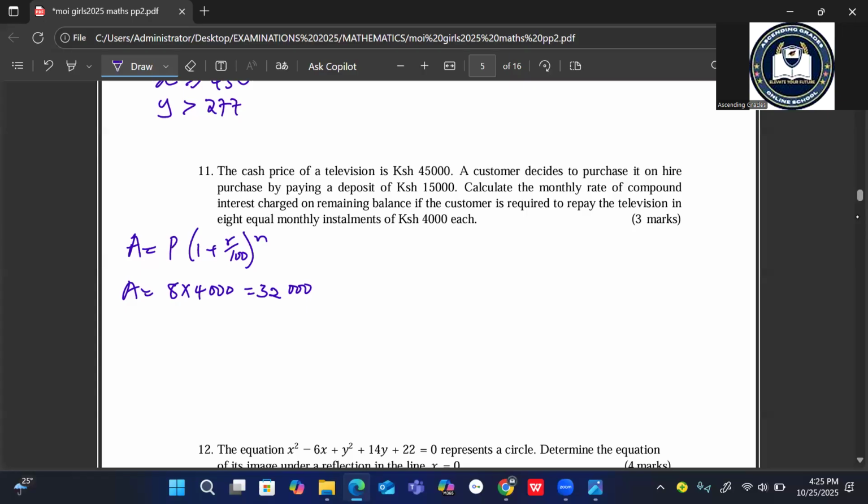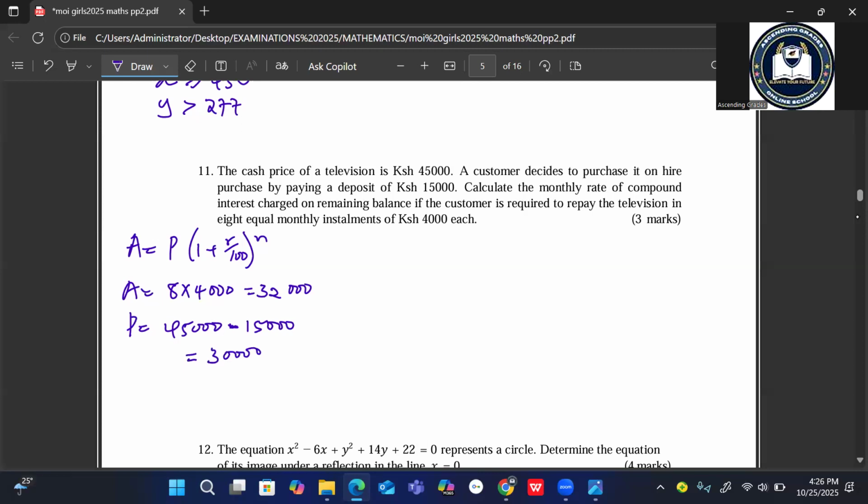So the principal P, the television cost 45,000. But this customer has already paid 15,000. So that means the principal is 30,000.